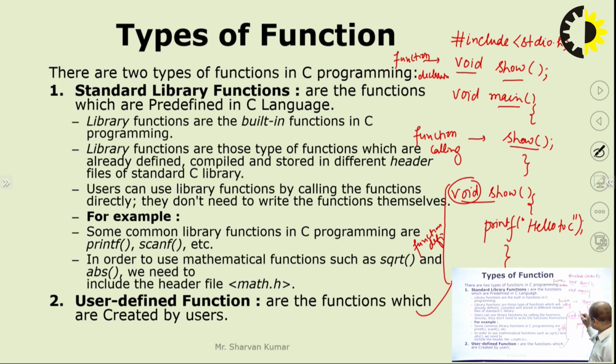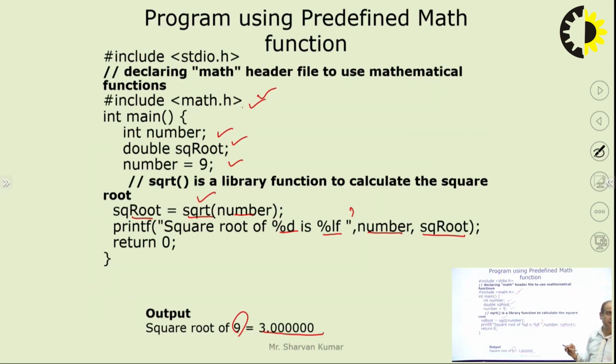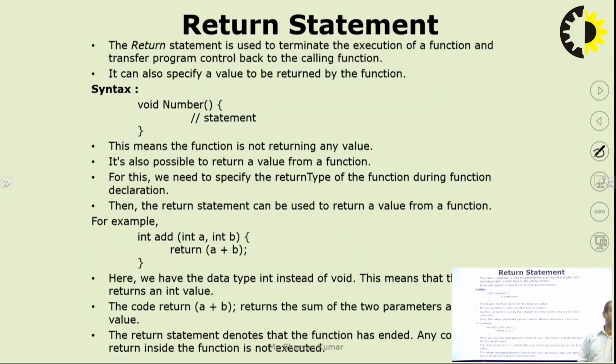If it is of any other user defined or predefined data type like int, float, char or any other type, in that case a return type will be there. The return statement will be written at the end of the function. After the end of the function, the control transfers back to the main function. It also specifies the value to be returned to the function.